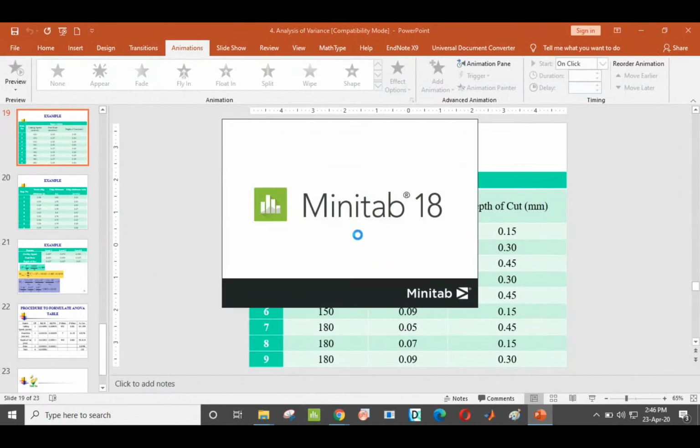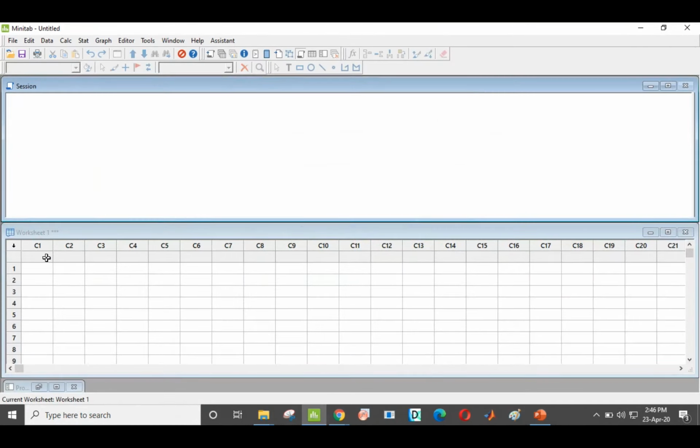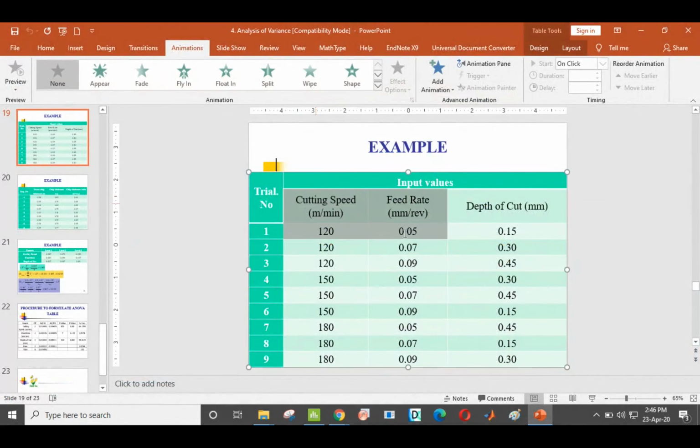I am going to open the Minitab. Since I have formulated this, I can just cut and copy.